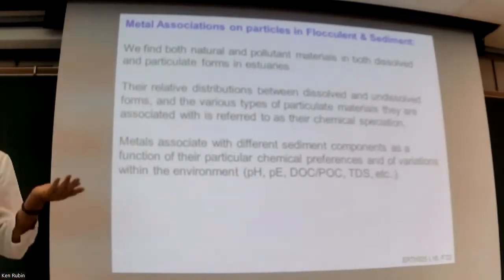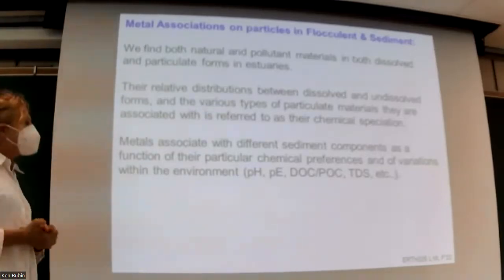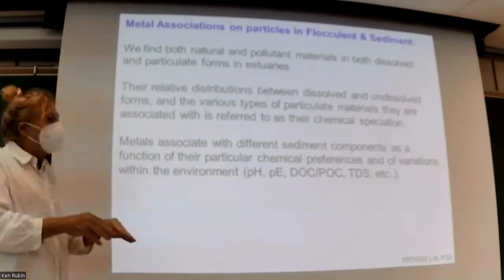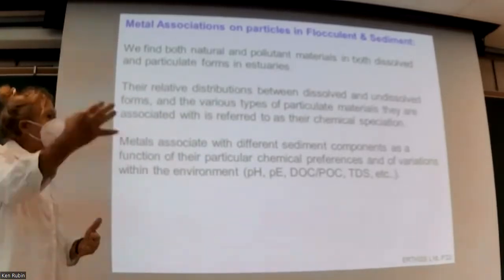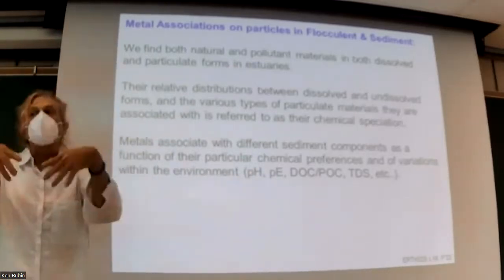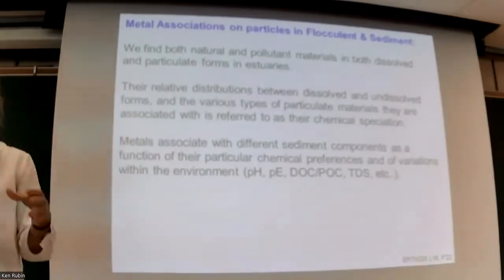From the perspective of dissolved solutes, where they're just looking for something to interact with, they may have a variety of choices. And those particles may not behave exactly the same in an estuary. Some of them may be more dense, some of them may settle differently. Some of them get into the sediments and may transform in the sediments. We talked about copper and organic rich particles last time.